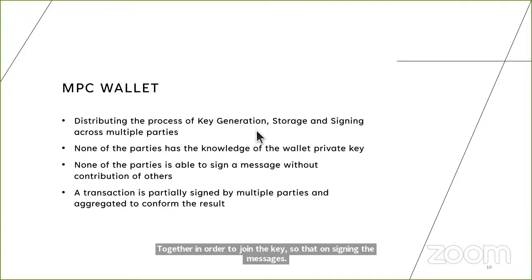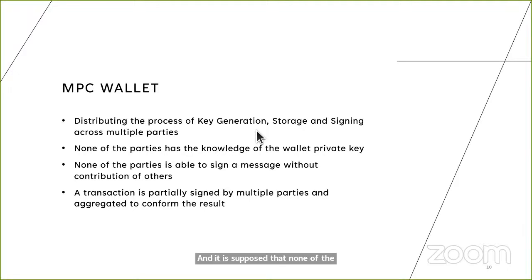And it is supposed that none of the parties in an MPC network has the knowledge of the wallet private key. So that means that if a key is generated mutually by a number of parties, none of them has any knowledge of the private key. So the entire knowledge of the private key is missing from the parties.